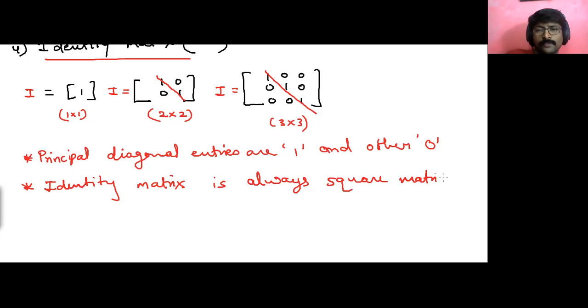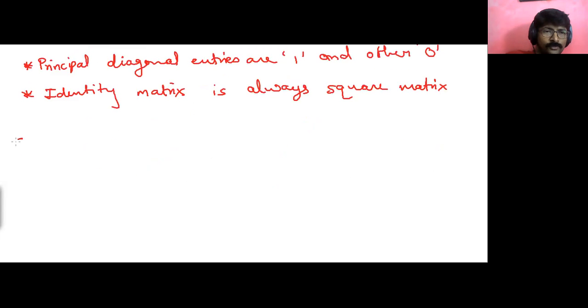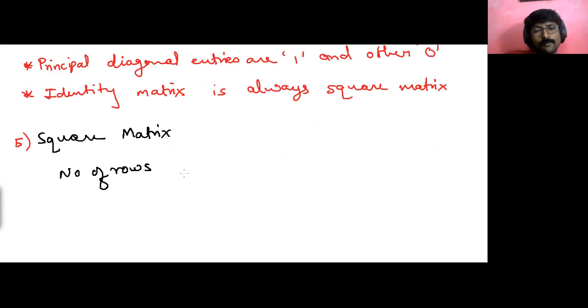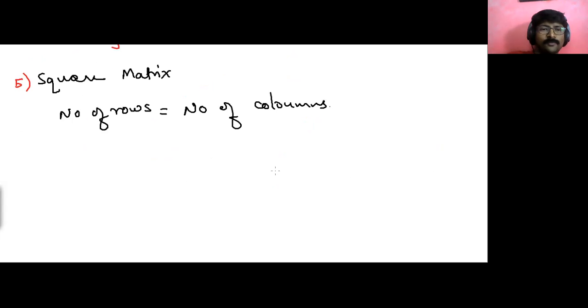Once you are done with this writing, let's move ahead with the next type of matrix. Can you guess what the next type of matrix will be? Yes, correct. What is a square matrix? The number of rows is the same as the number of columns. Means matrix A would be 1, or matrix B would be 1, 2, 2, 1.